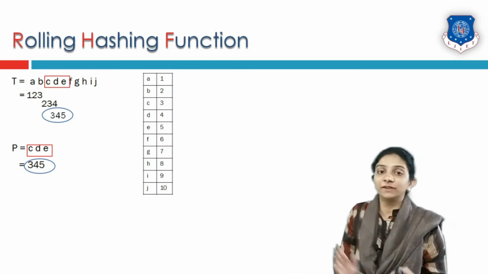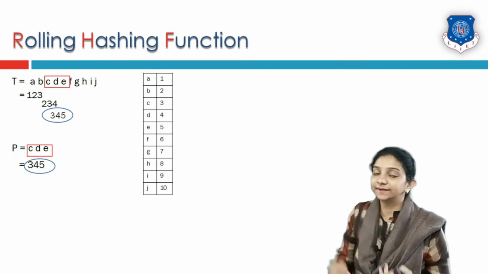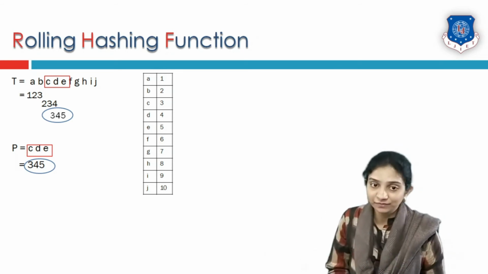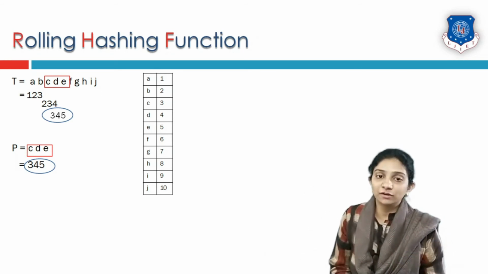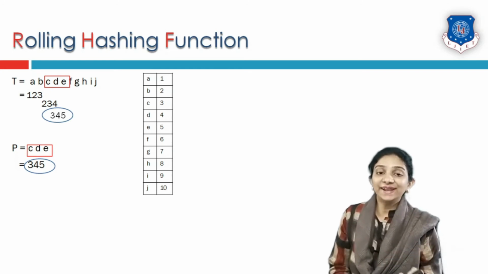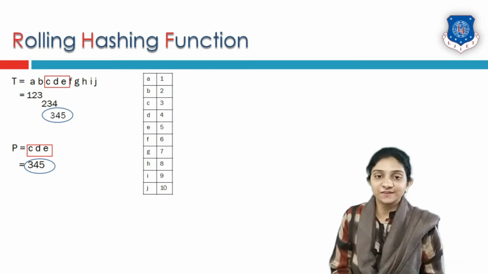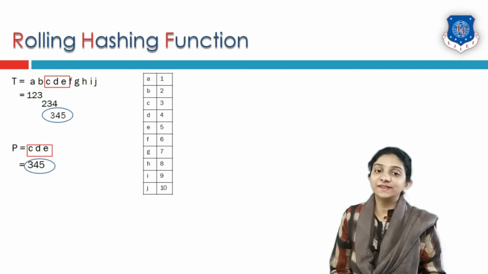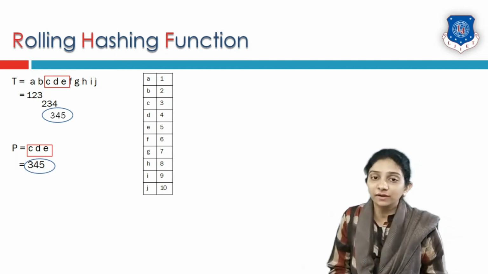D is matching with D, we match the next character. E is matching with E. So here numerical codes are matching, plus characters of pattern and text are also matching. So we say that we have found the pattern in the text.